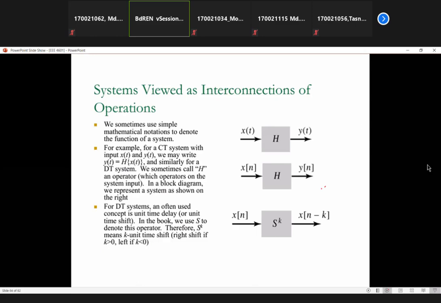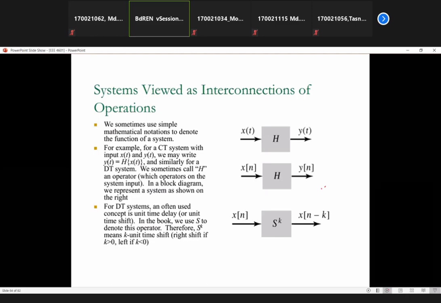As I have told you earlier, when we design a system, no matter whether electrical or mechanical, you will need some input and you will have some output. Depending on which output you want, accordingly you have to design your system.